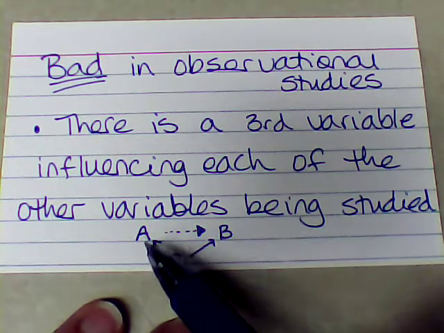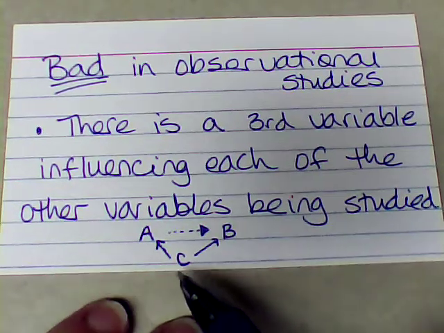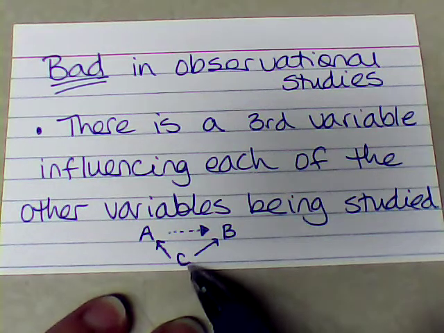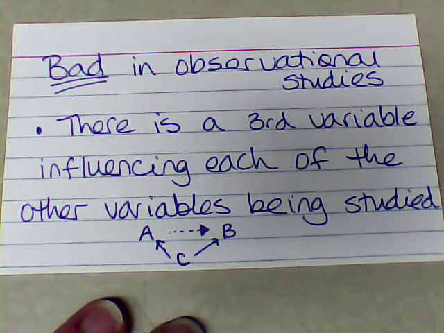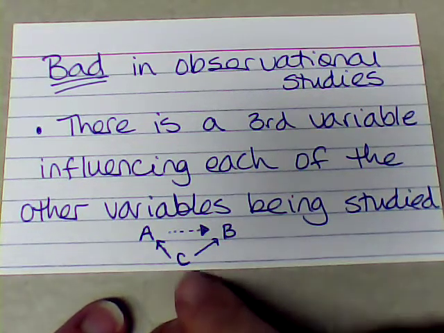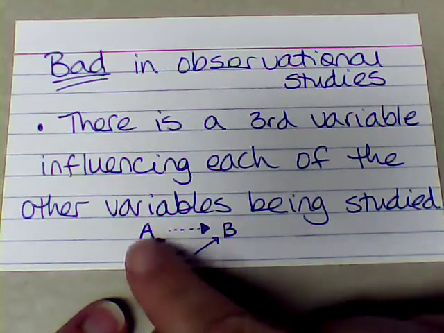So we think that A is influencing B, but really it's this third lurking variable that's influencing both of them. It'll be easier, hopefully, when we see some examples. So a lurking variable is some third variable influencing both.